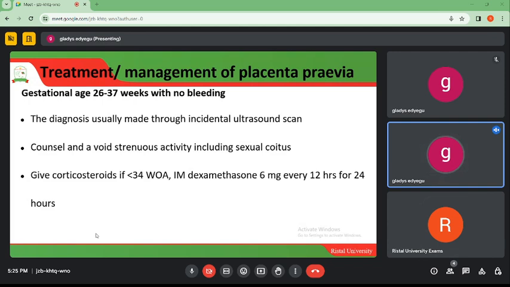So IM dexamethasone is very important for these babies, especially those below 34 weeks of amenorrhea. So we need to give it before the babies are delivered, and it should take at least 24 hours, with 2 doses given 12 hours apart before the delivery of the baby.